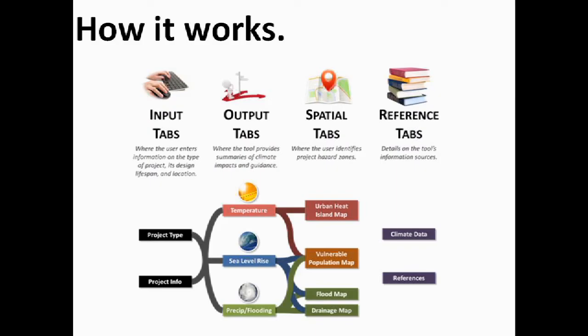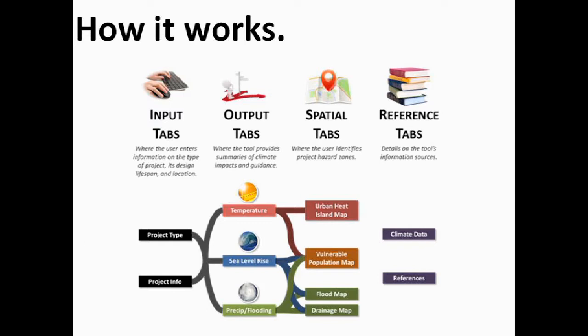The tool is housed in Excel, which is a platform that many folks feel comfortable using. They've used Excel before, so we like that feature. And it's composed of a series of tabs, like you see in Excel.